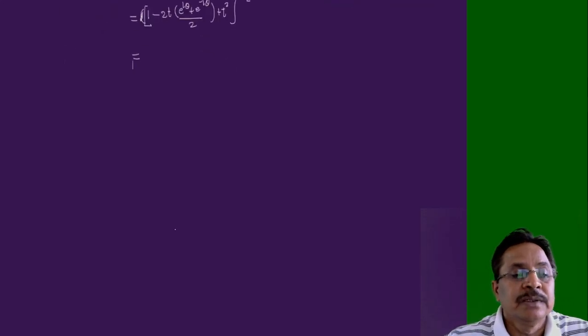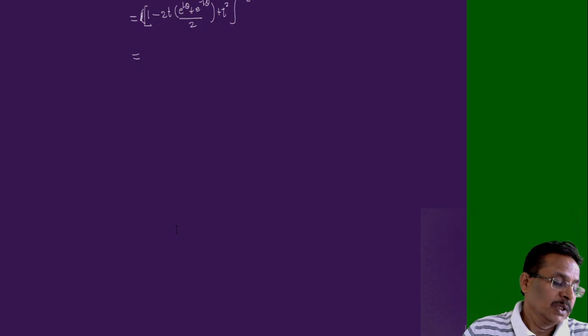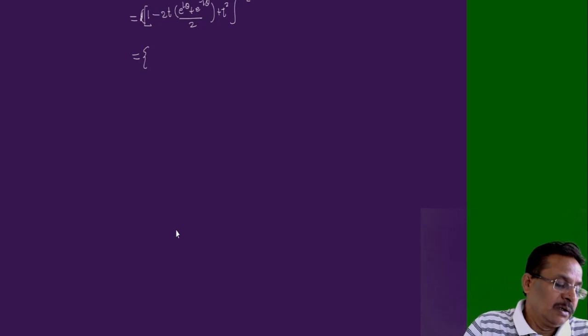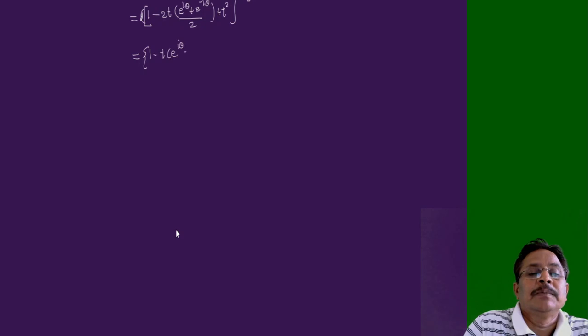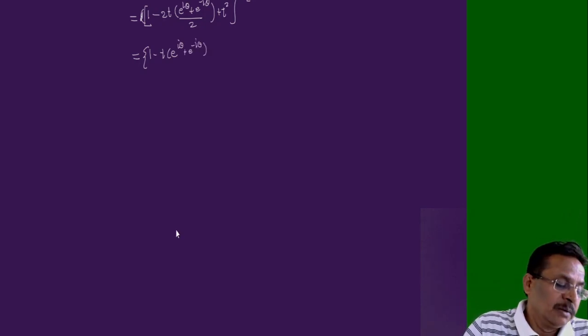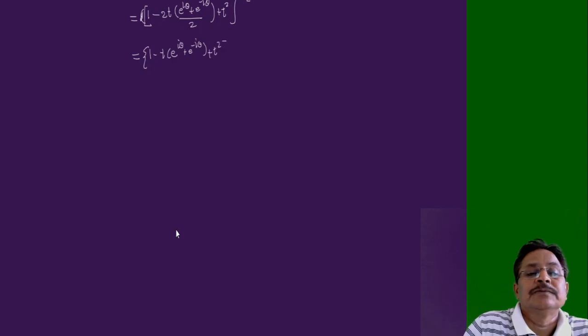So simplify further. Simplifying this, I'm just writing all these things given in the textbook. So this is (1 minus t into (e raised to i theta plus e raised to minus i theta) plus t square) raised to minus half.